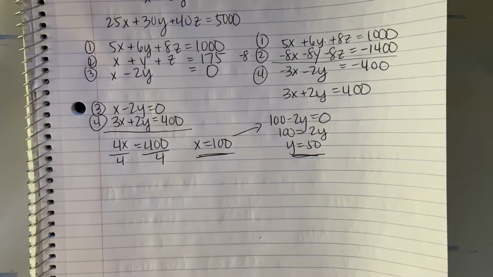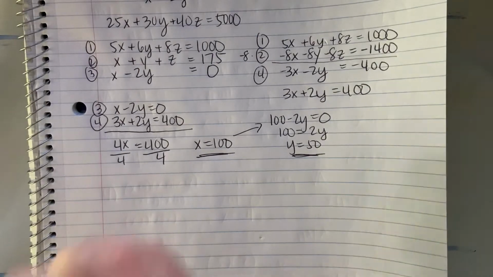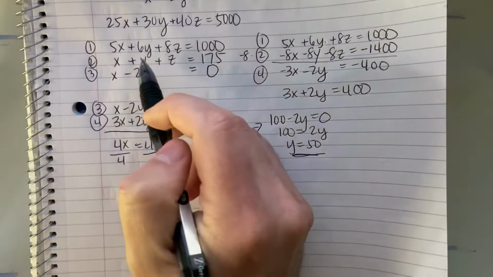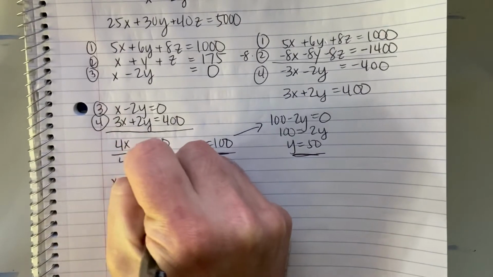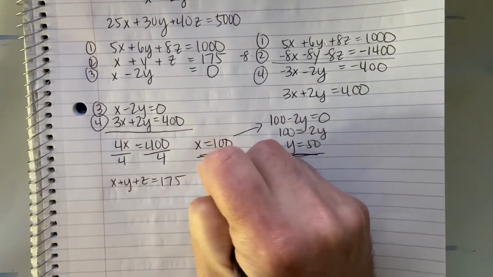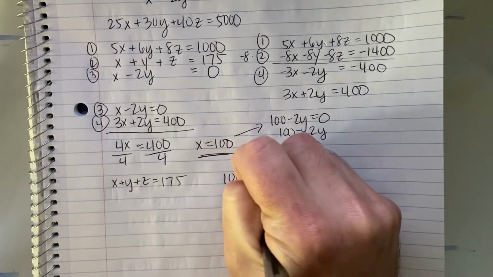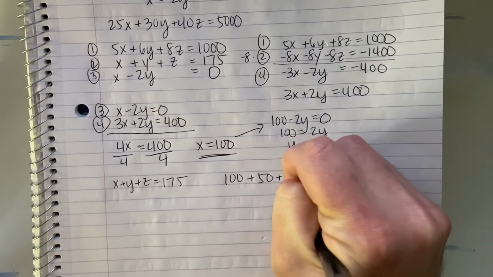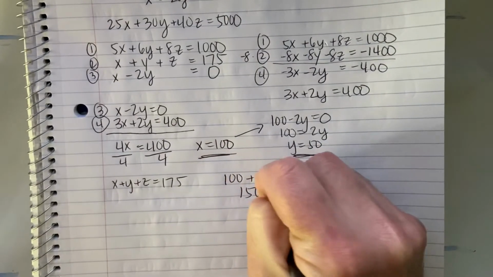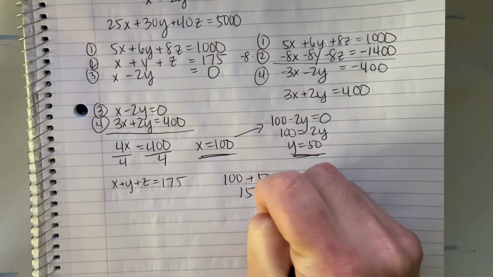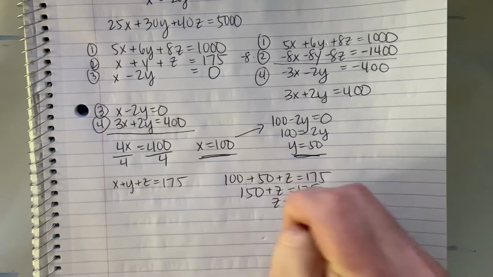So I've got 100 vans and 50 small trucks. Lastly, my original equation number 2, x plus y plus z equals 175. Substitute in 100 plus 50 plus z equals 175. That's 150 plus z equals 175. So z is 25.